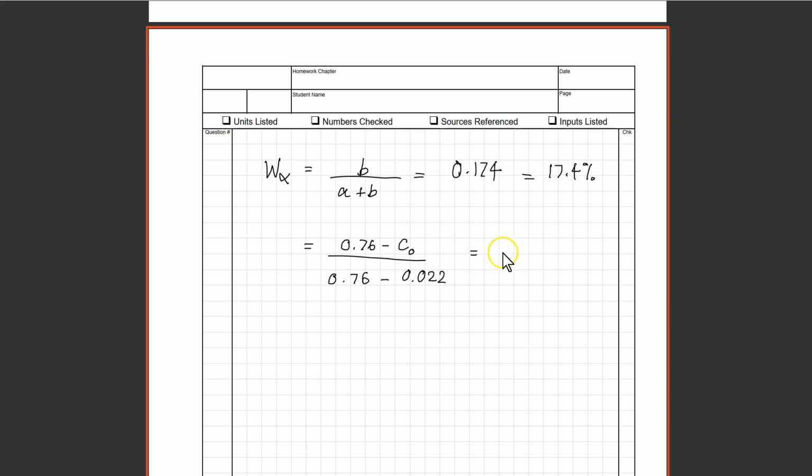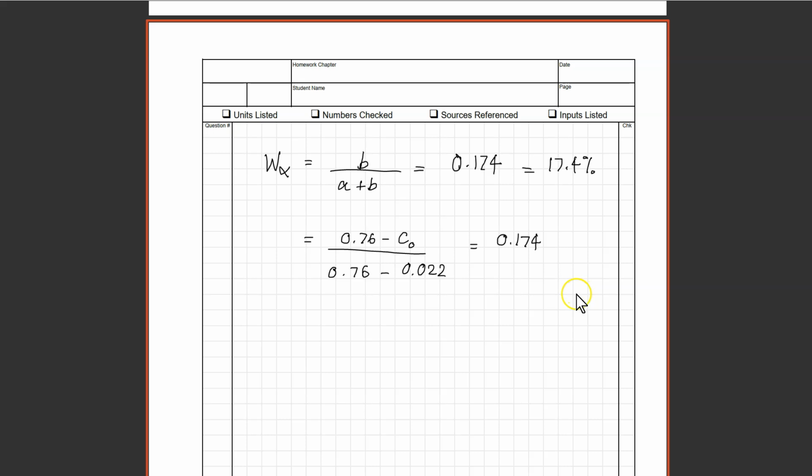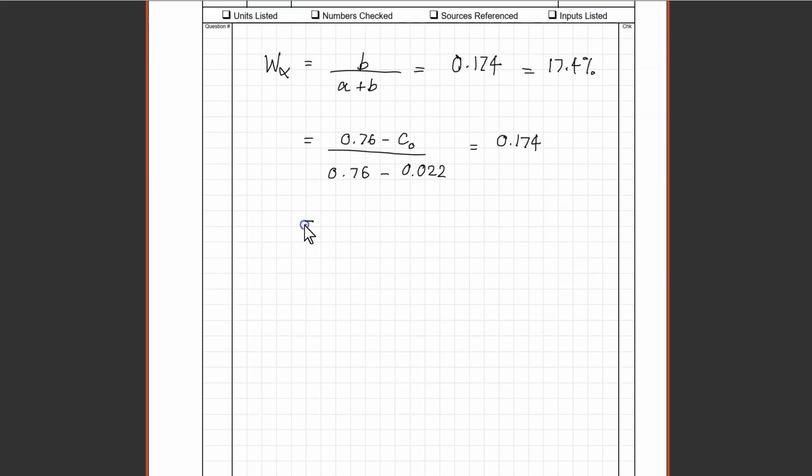And we know that this must equal 0.174. So now we have 0.76 minus C naught, and let's evaluate the bottom part, which is 0.74, to a good enough rounding error. Yeah, that looks good.